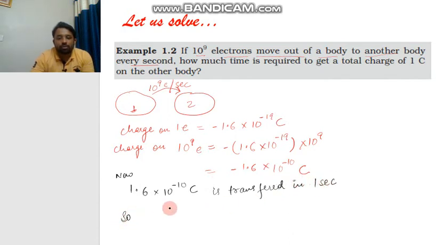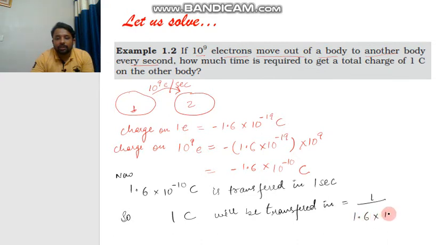So 1 coulomb charge will be transferred in, by this simple unitary method, 1 upon 1.6 into 10 raised to power minus 10.